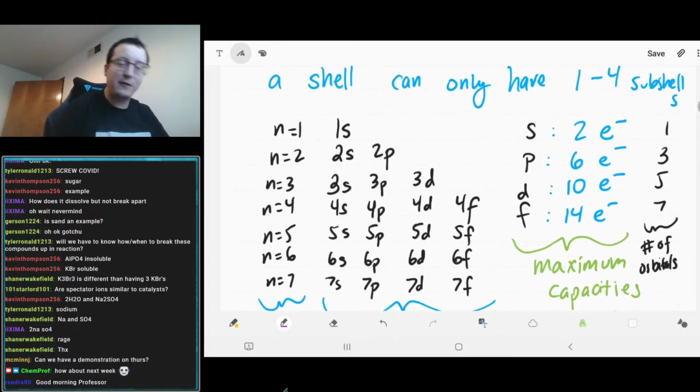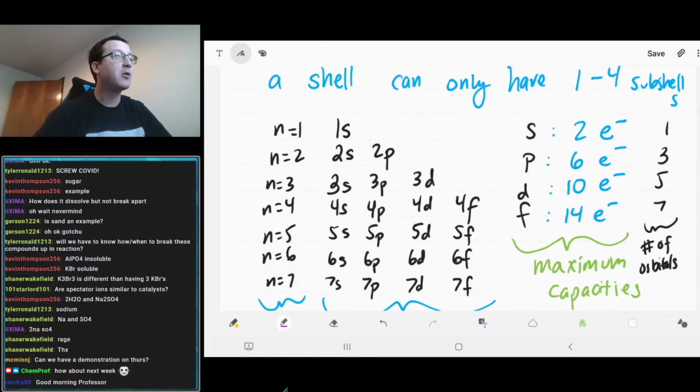For example, in a P subshell, you're going to have 6 electrons that can fit in there. Those 6 electrons are going to have to be divided within 3 orbitals. That tells us that we're going to have a maximum of 2 electrons per orbital.